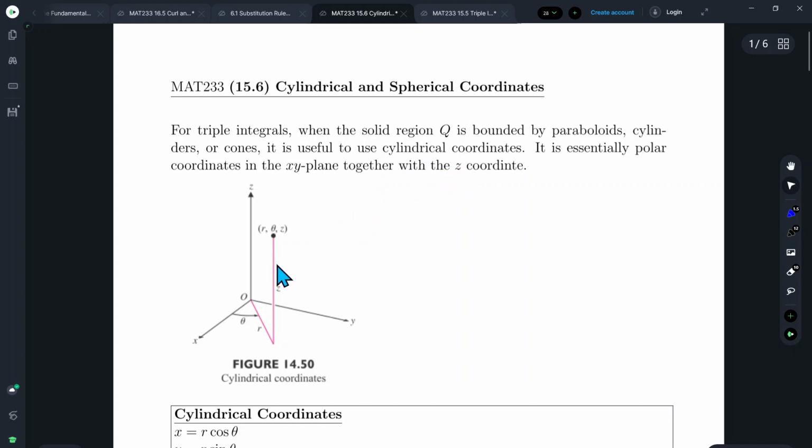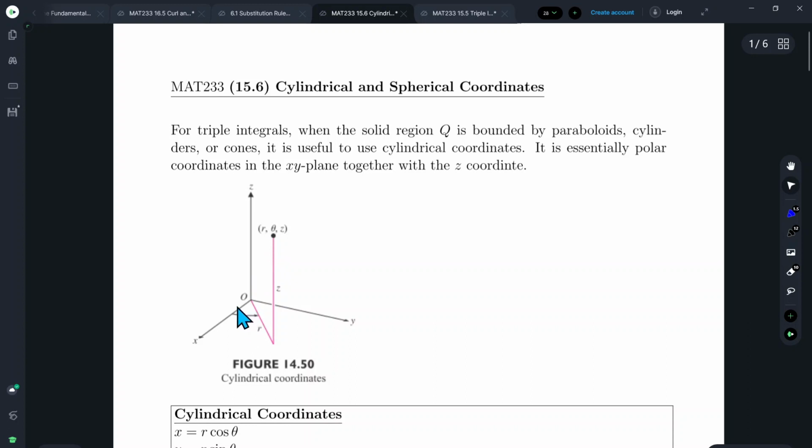We've already discussed polar coordinates previously, and so cylindrical coordinates is essentially just polar coordinates in the xy plane together with the z coordinate. Right, so this diagram describes how a point is described in three-dimensional space using cylindrical coordinates.